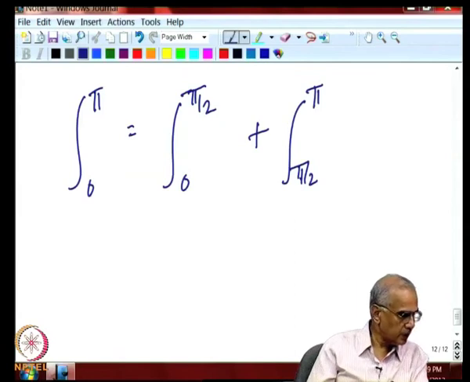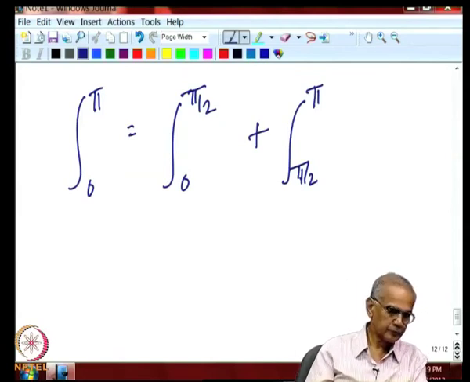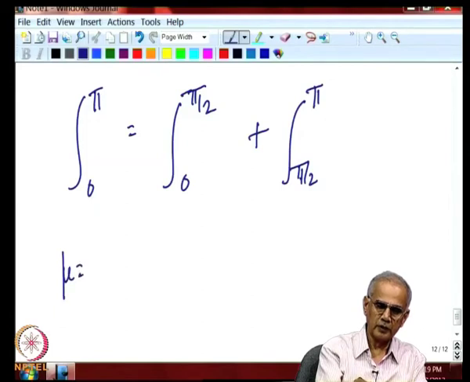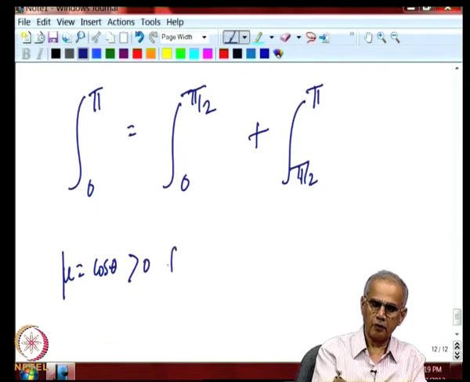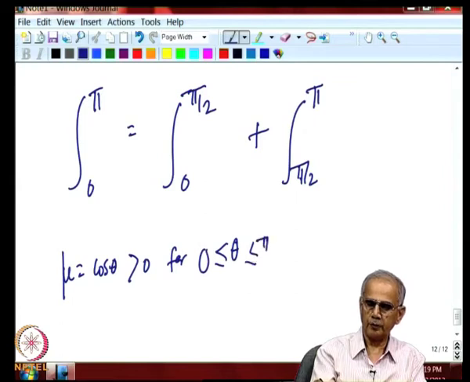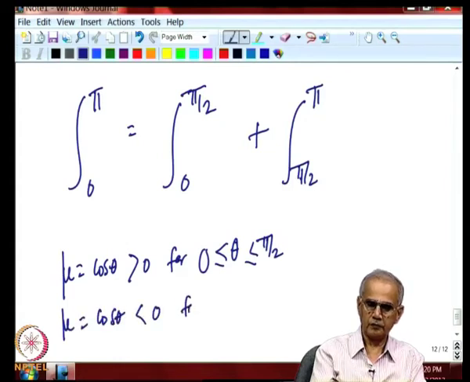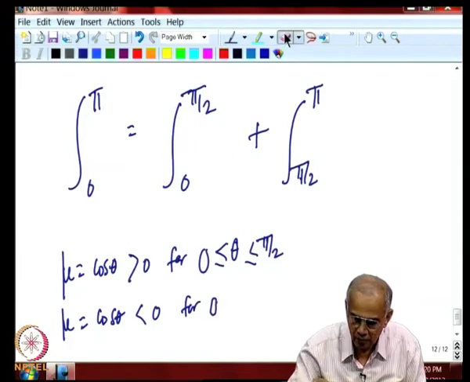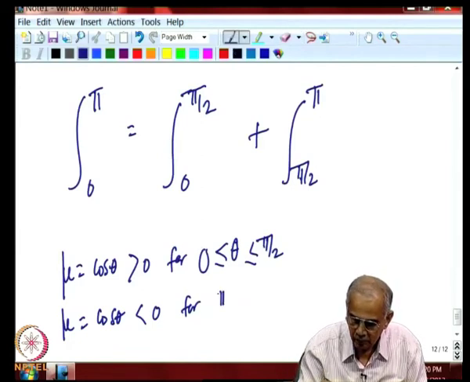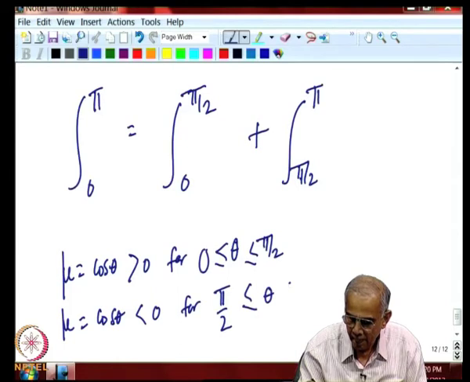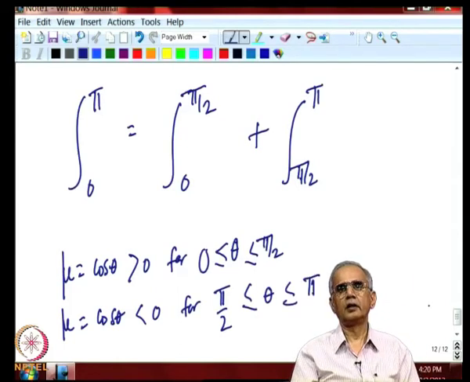And the advantage is in the region 0 to pi by 2, if you define mu as cos theta, this is greater than 0 for theta between 0 and pi by 2, while this quantity mu is negative for theta between pi by 2 and pi.